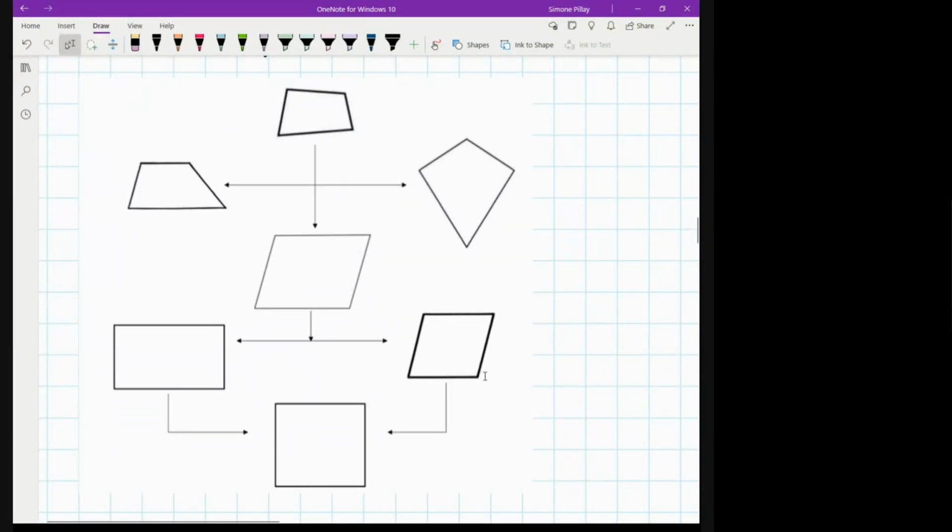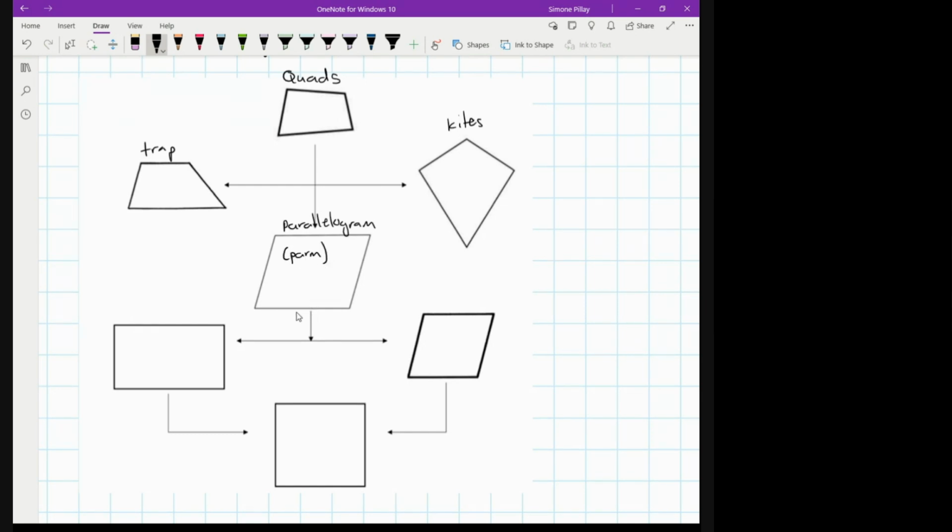Now, what I want you to see very quickly is we have sort of a family tree over here with quads. Okay, we have the big family tree of quads. Quads can be split into trapeziums, kites, and parallelograms. By the way, you should know the shorthand version of parallelogram in maths is a palm.